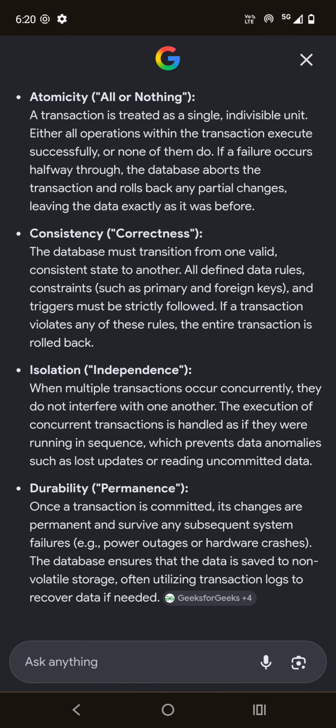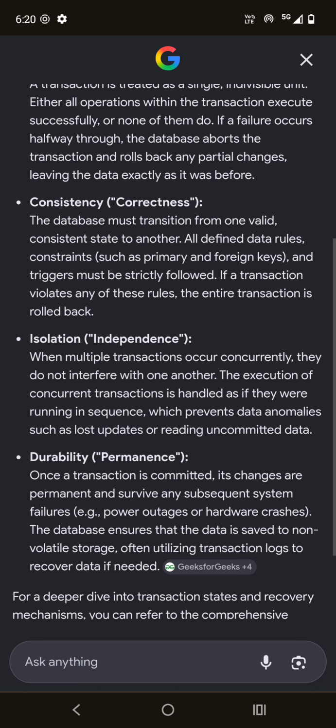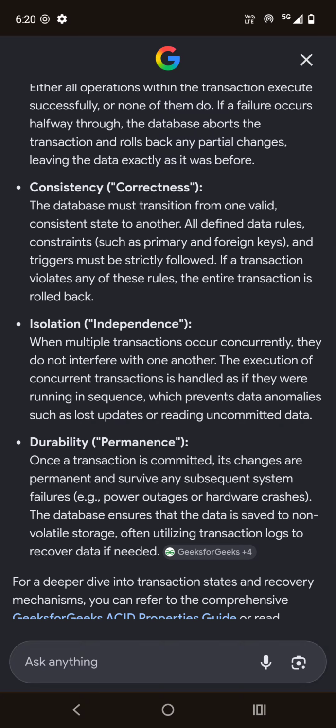When multiple transactions occur concurrently, they do not interfere with one another. As I told you, when two people are trying to perform a withdrawal, they should be isolated transactions. One transaction should not be interrelated with another. If it happens, it will lead to ambiguity and confusion, for example when one user withdraws an amount and another user also withdraws some other amount.